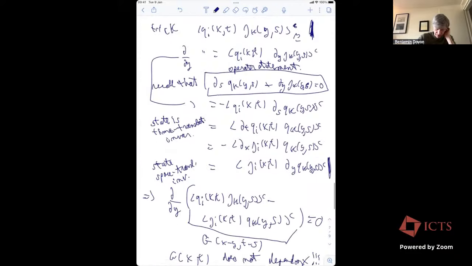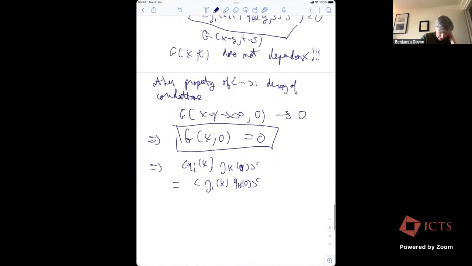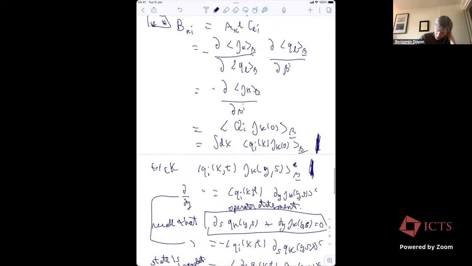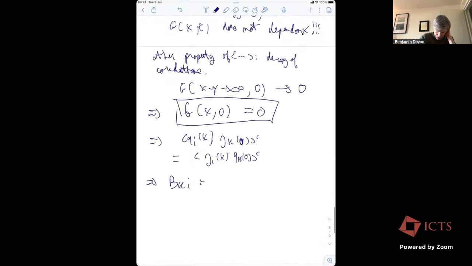And I find as a consequence of that, that B_ki, which was, okay, so I go a bit around, which was this thing there, q_i(x) j_k(0), right? Which was the integral dx of q_i(x) j_k(0), can now be brought then to q_k(x) j_i(0).